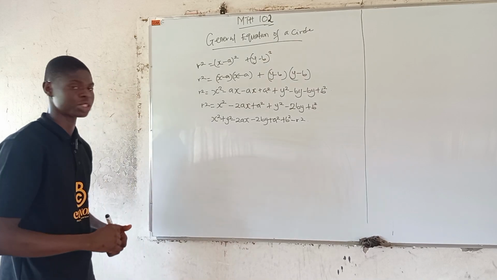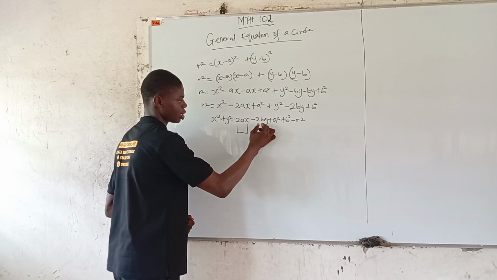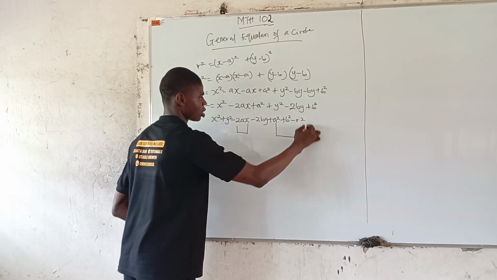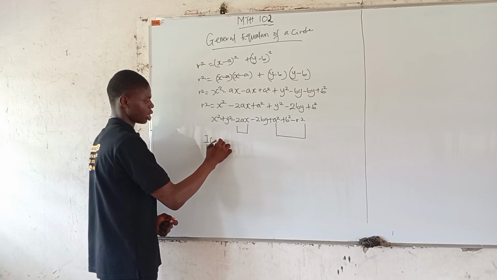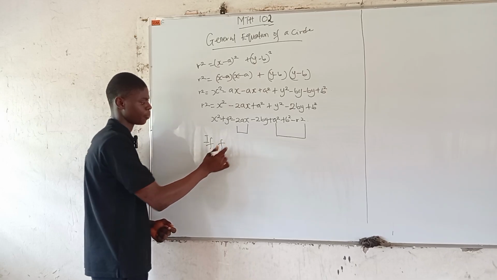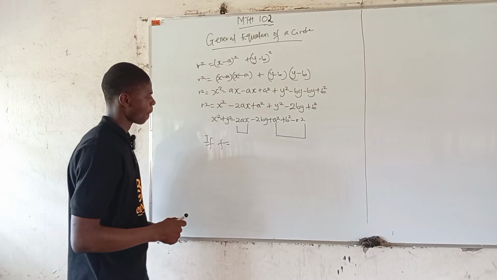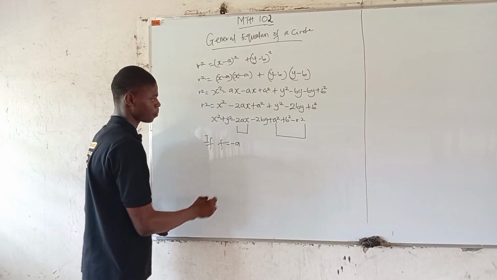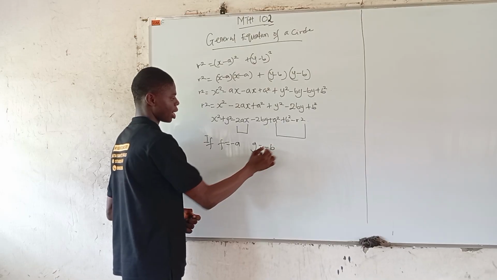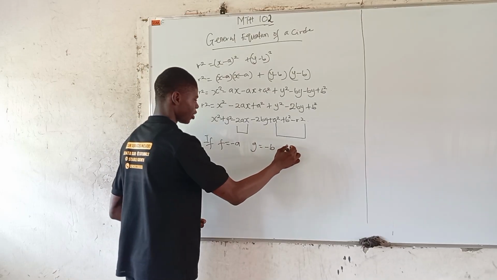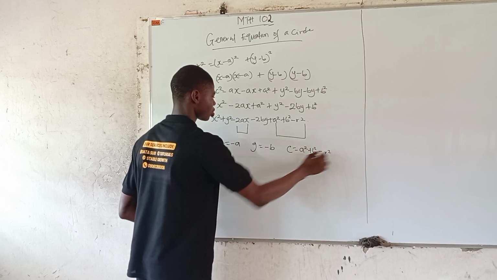At this stage, pay attention carefully. We are going to be replacing these terms. We use the letter f to represent minus a, and the letter g represents minus b. And our value c here is going to be a squared plus b squared minus r squared.